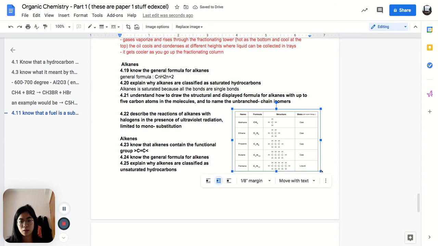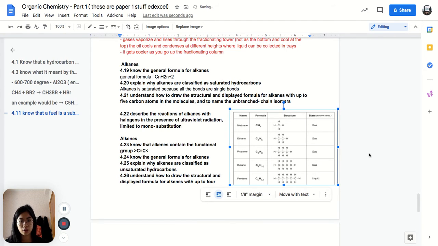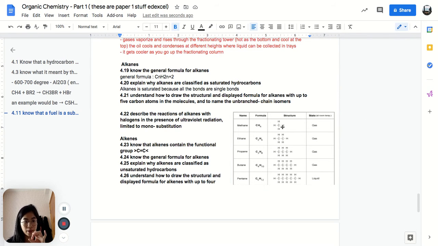Okay, so here you go. You do need to know the structural formula, but let me tell you guys, the structural formula is really easy. Alkane is probably the easiest in structural formula. You just draw the C in the middle and then draw how many H there are.